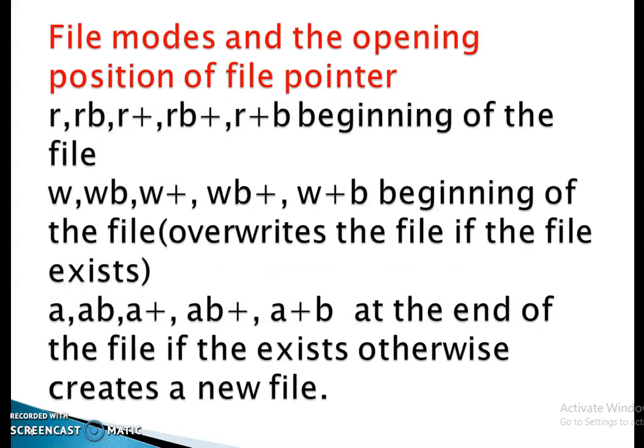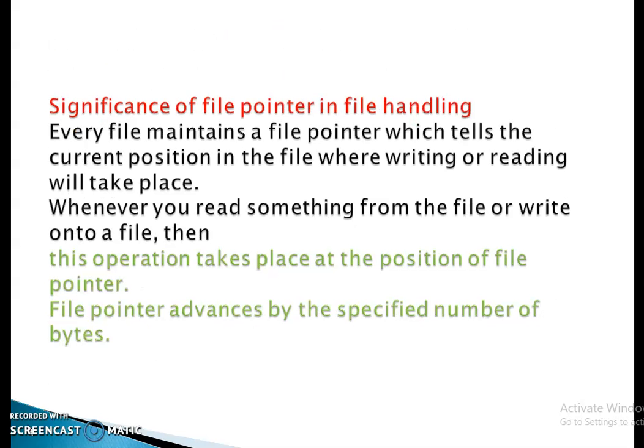Okay, for example, see when we read a file, that is fh is equal to open marks.dat in r mode. When you open a file, initially the file pointer will point to the first location, that is the first position. For example, the data is hi, hi.